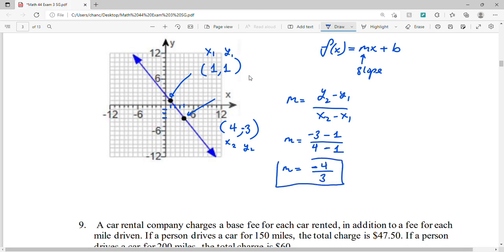This is our slope, and that looks exactly right. If you count, you'll go down 4 spaces and to the right 3, and you'll end up at the graph again. So if you go with the rise of negative 4, 1, 2, 3, 4, the run is indeed 3. So we did it right. The slope is negative 4 over 3.